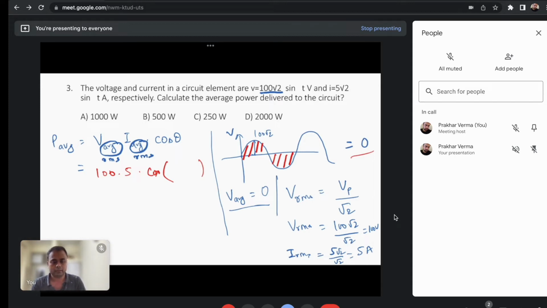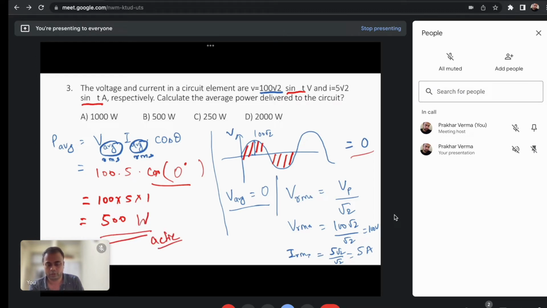Here, these are sin t and again sin t, so there is no phase difference. No phase difference means that the angle between them is 0 degrees. So this becomes 100 into 5 into 1, cos of 0 is 1, so this becomes 500 watt. This is the active power, so the unit has to be watt.